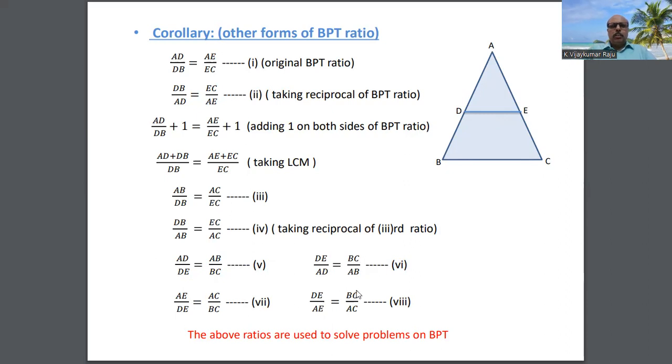Take its reciprocal, you get the eighth. So there are totally 8 ratios. These ratios are used to solve problems when they give a particular side and ask you to find the third side. Depending upon what is given, you have to select the ratio and find it. So let us put them all together.